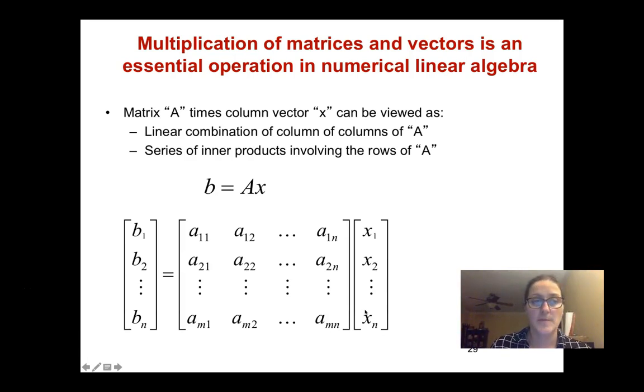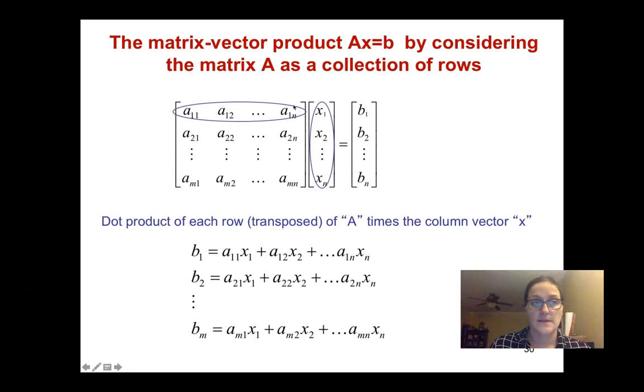Here's how I'm going to go about it. I'm going to take the first row of matrix A and do a dot product with this vector x. So I'm going to do a11 times x1 plus a12 times x2 plus, and I'm going to continue until I have a1n times xn, and this is symbolically written here. That's going to give me b1, the first element of the result vector b.